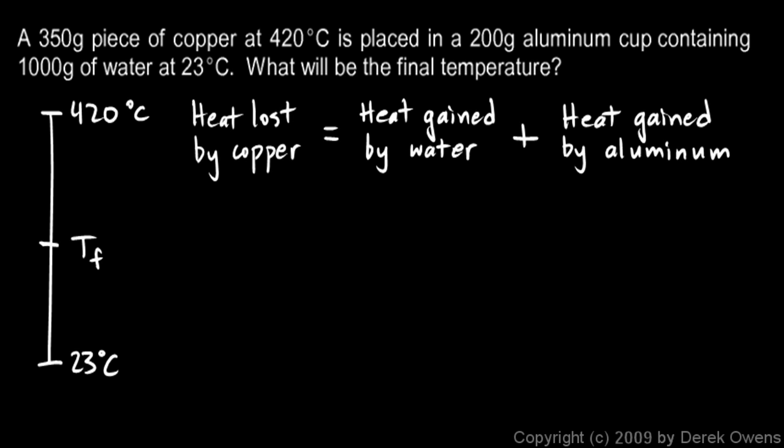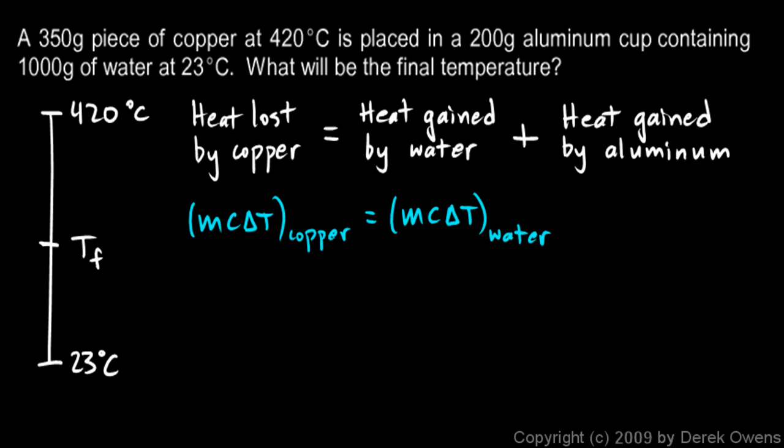And each of those will be an MC delta T. So let's write this out. The heat lost by the copper is MC delta T for the copper. That equals the heat gained by the water, which is MC delta T for the water, plus the heat gained by the aluminum, which is MC delta T for the aluminum.